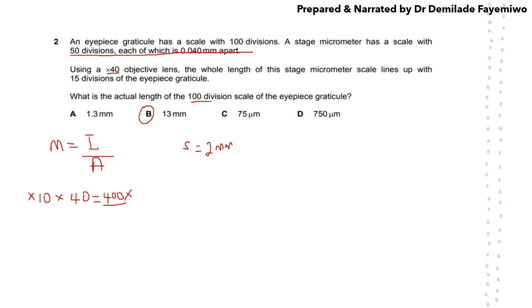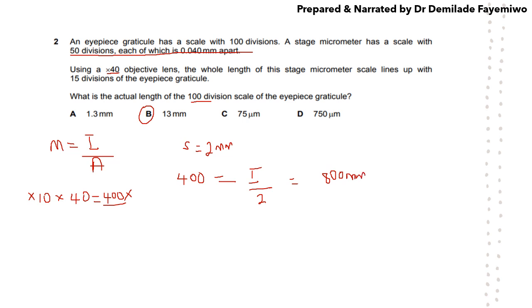So to get the image size, because it's the image of the magnified stage micrometer that's now being fitted onto 15 divisions of the eyepiece scale, we can say 400, being our magnification, would be the image over 2 millimeters. And that then tells me that the image size for the stage micrometer is 800 millimeters.